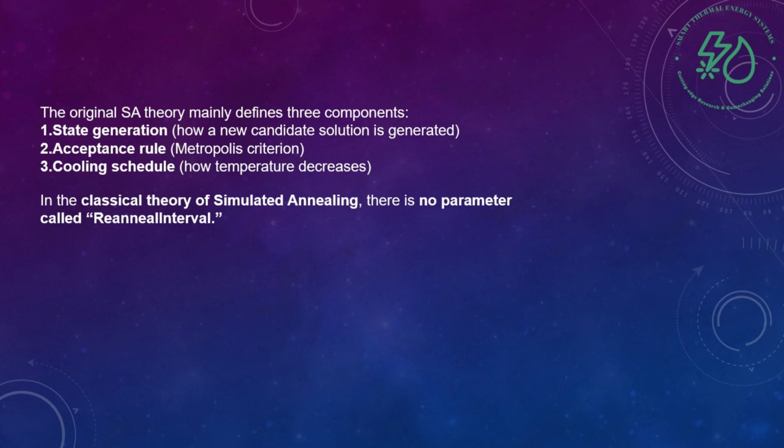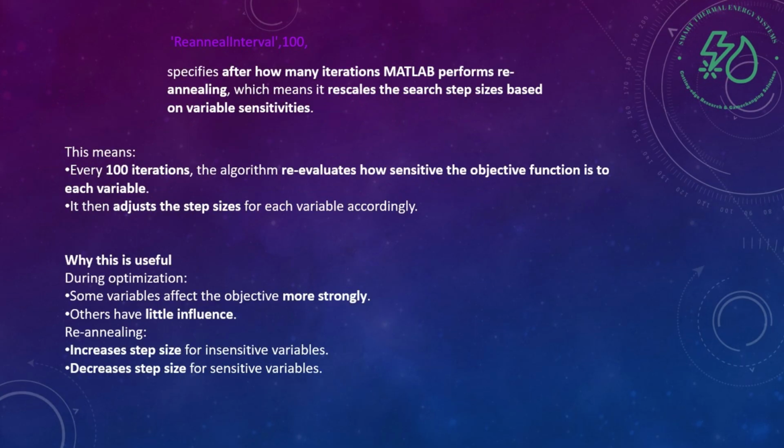So in the classical theory of simulated annealing, there is no parameter called re-annealing interval, the thing that we have in MATLAB. For the re-annealing, for example, here adjusted to 100, it specifies after how many iterations MATLAB performs re-annealing, which means it rescales the search step sizes based on variable sensitivities.